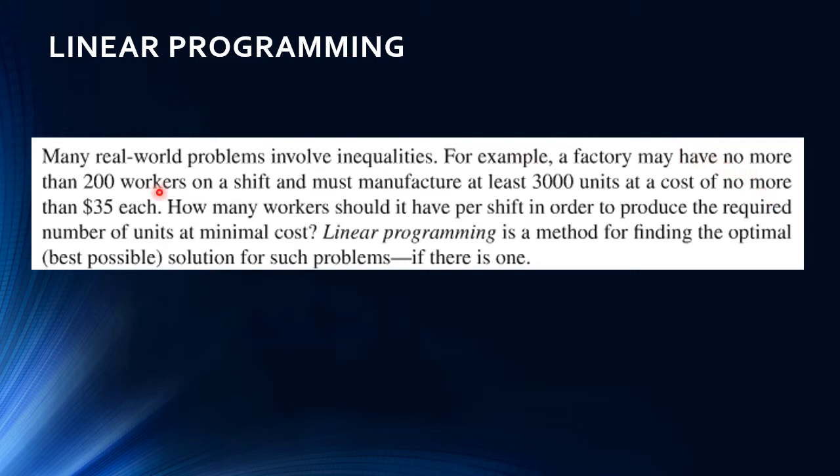At a cost of no more than $35 each. Again, less than or equal to $35. How many workers should it have per shift in order to produce the required number of units at a minimal cost? Linear programming is a method for finding the optimal, which is the best possible solution for such problems, if there is one.